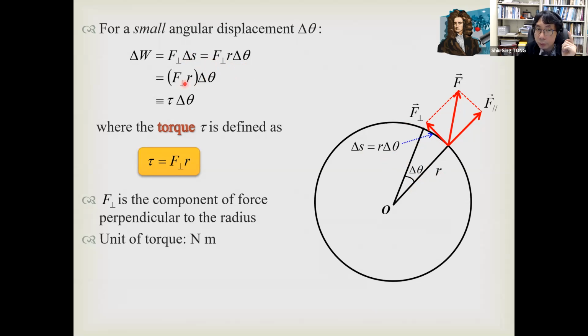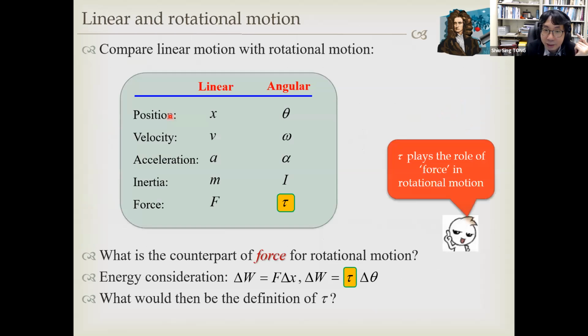Now we group the two parameters together. F perpendicular multiplied by r multiplied by delta theta gives me the delta W. And so I identify this as a torque, right? Because by my definition, torque multiplied by delta theta gives me the work done.